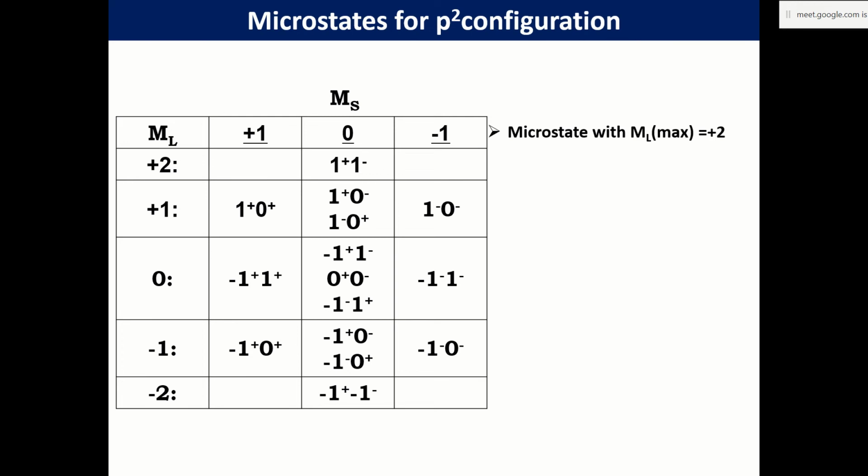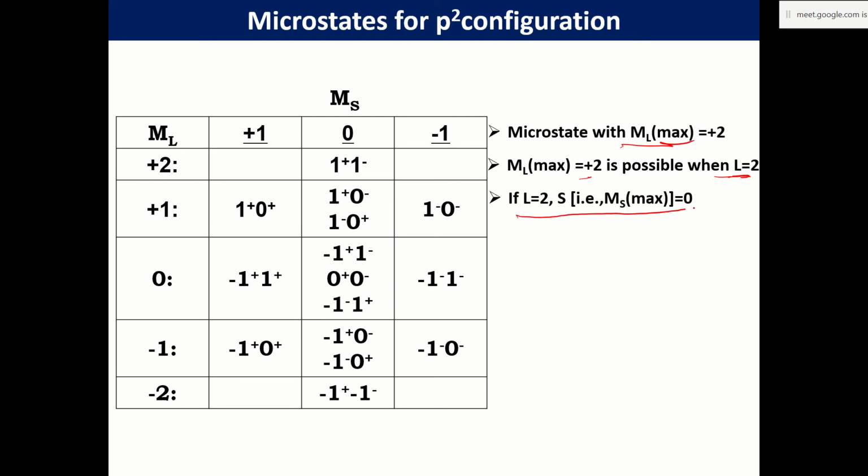Now you have to start with the maximum ml value, that is plus 2. When L is equal to 2, you can have the maximum ml as plus 2. Then you start finding the maximum ms for the system. Plus 2 means that both the electrons are in the same orbital, so the maximum possible ms is 0.